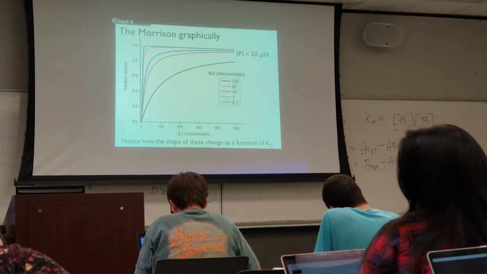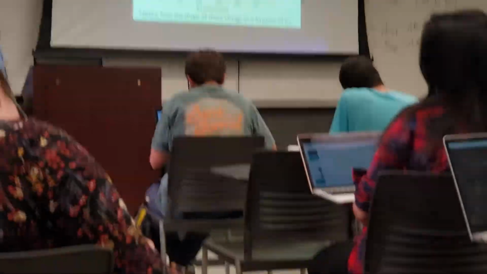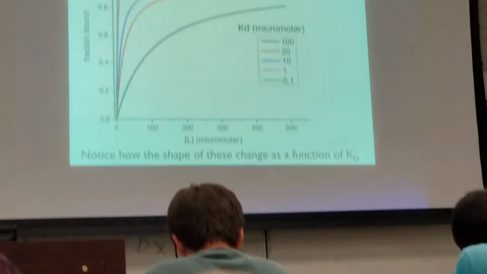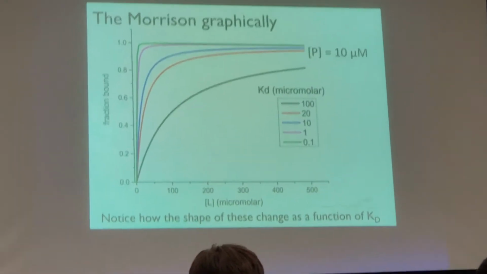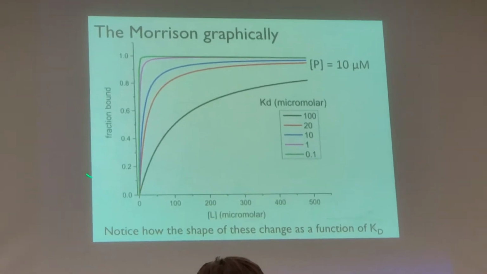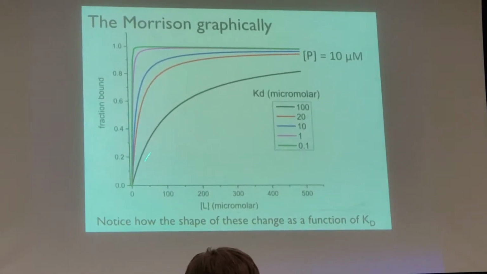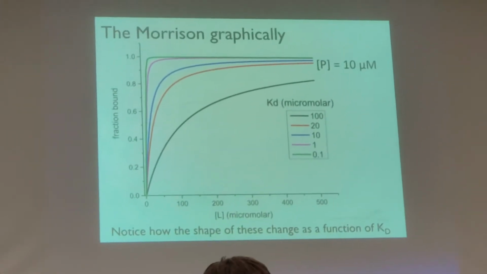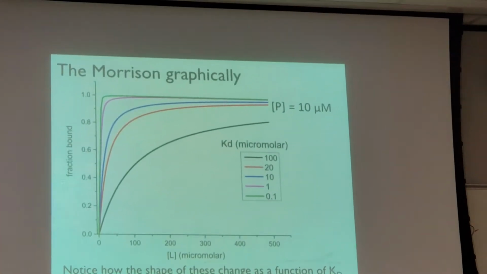So, all right, here it is kind of graphical. And what I've done is, here's a protein concentration that I do an experiment, it's at about 10 micromolar. And what I'm doing on these graphs is just saying, okay, here's fraction bound, here's some ligand concentration in micromolar. Normal type of plot.